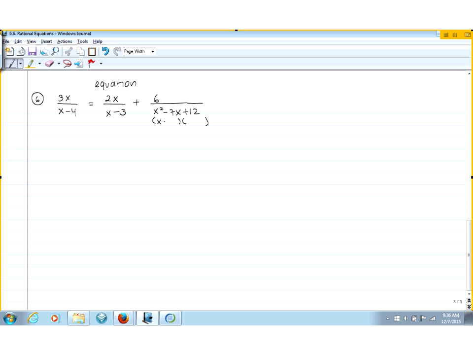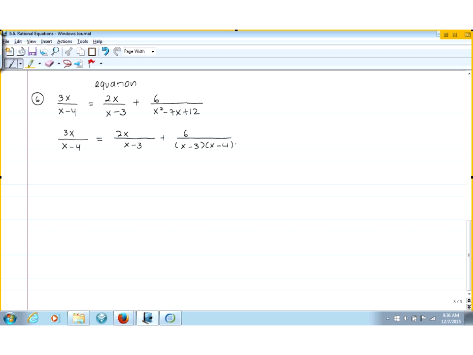It is x minus 3 times x minus 4. Right? So actually, this one, if we write, this is 3x over x minus 4 is equal to 2x over x minus 3 plus 6 over x minus 3 times x minus 4.